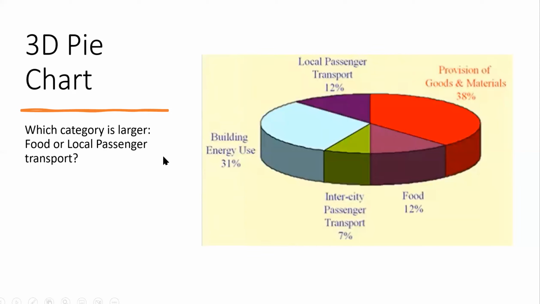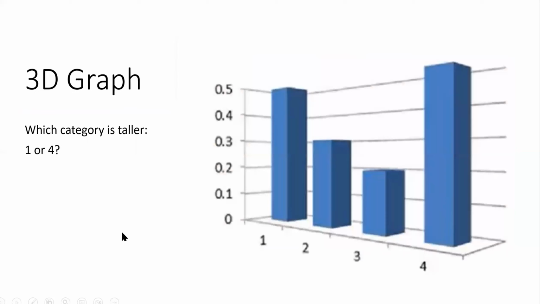Okay, another 3D pie chart. Can you tell which category is larger, the food right here or the local passenger transport right here? If you said food, you're wrong because they're both 12%. Okay, another 3D graph. Which category is taller, number 1 or number 4?